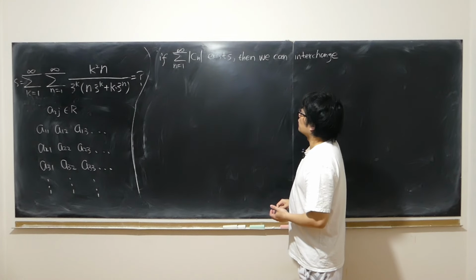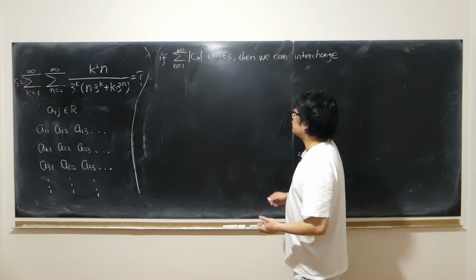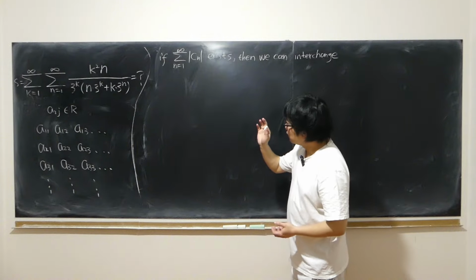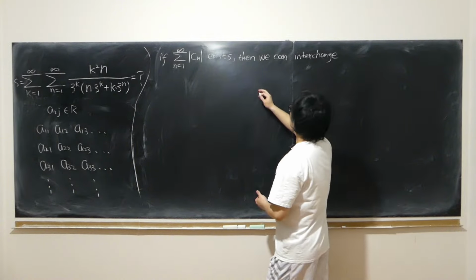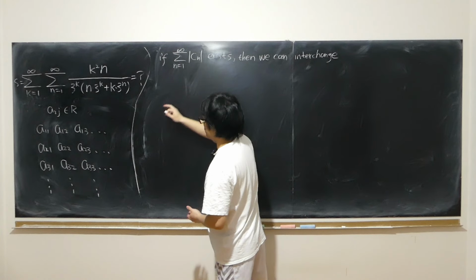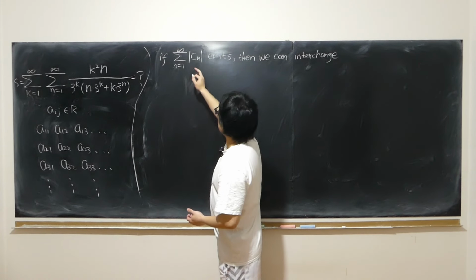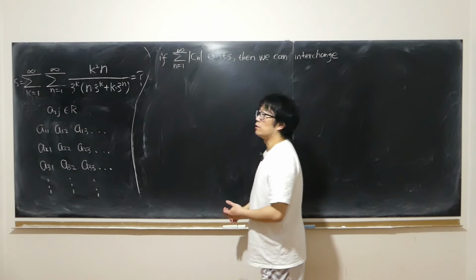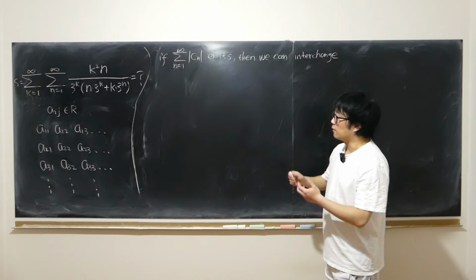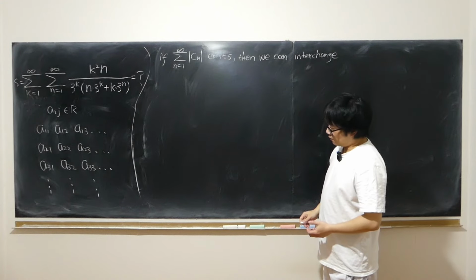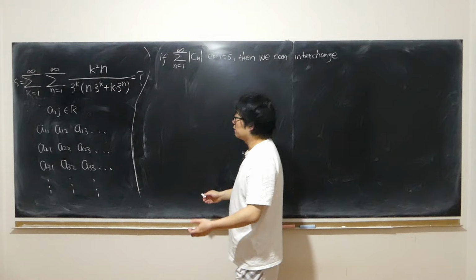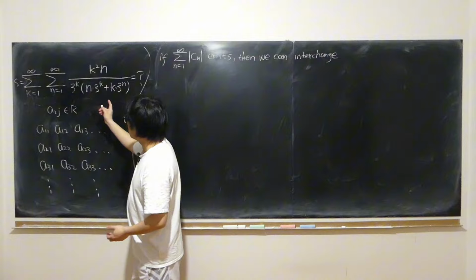So we have to make sure that if we select any random, if we can find some C_n, which is a sequencing of this infinite matrix where the series is absolutely convergent, then we can interchange. Right? So the question is, can I do it like this?